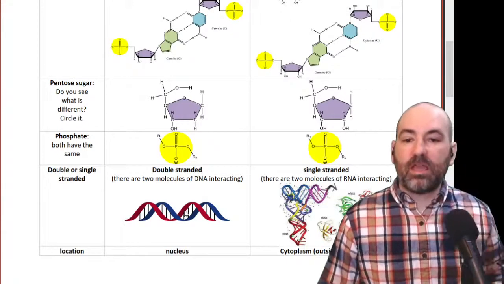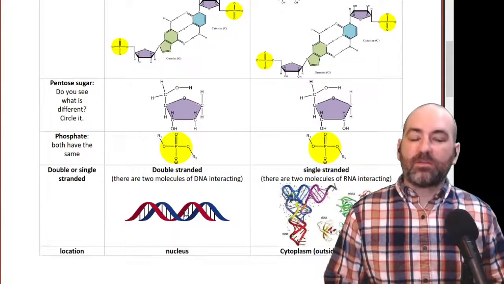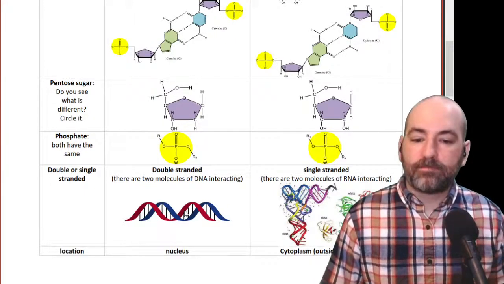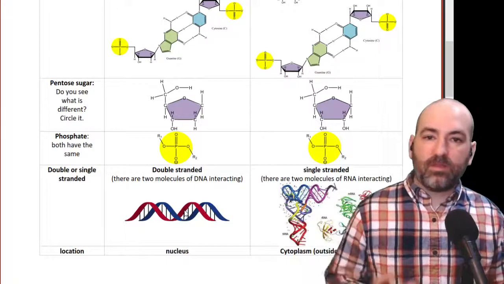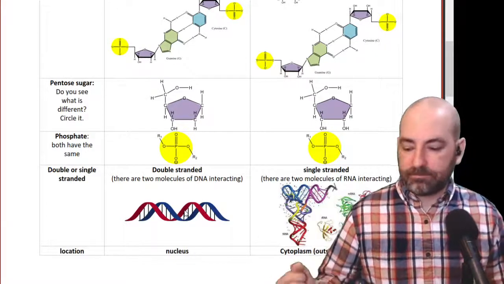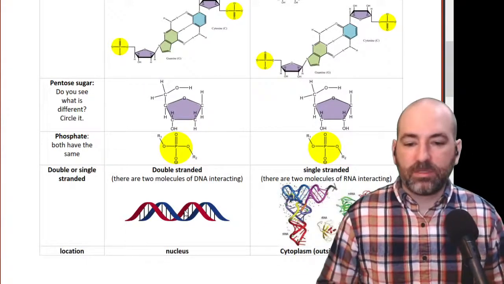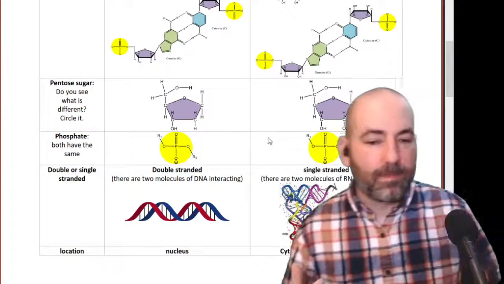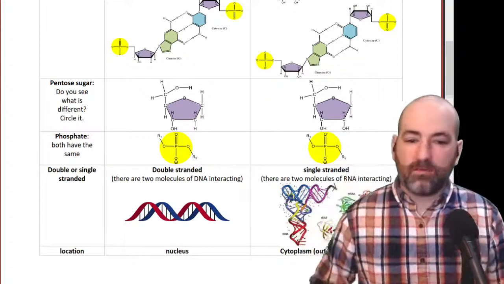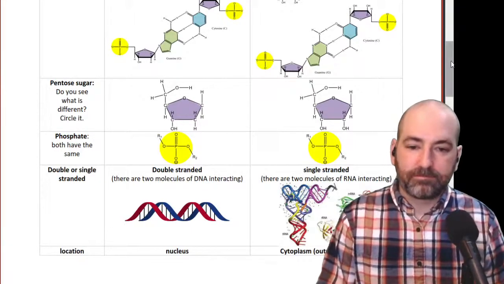DNA contains the genetic information of the cell, and there are a few different types of RNA involved in cells. The DNA is in the nucleus, and the RNA is outside the nucleus. There's ribosomal RNA, and RNA in the cytoplasm, used for transferring and cell division. But we're going to zoom in and focus on the chemistry right now, so you know what these things are actually made of.